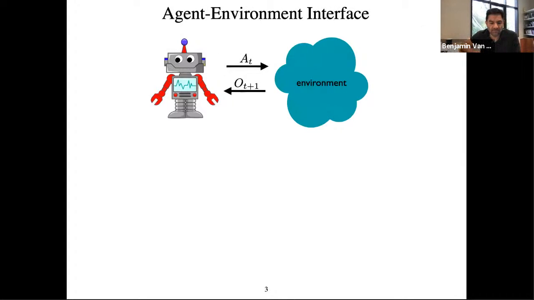Here is the reinforcement learning agent environment interface. In the general framing of reinforcement learning, an agent interacts with an unknown environment through executing actions and registering observations.